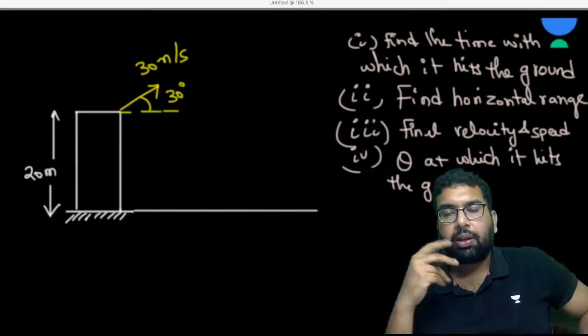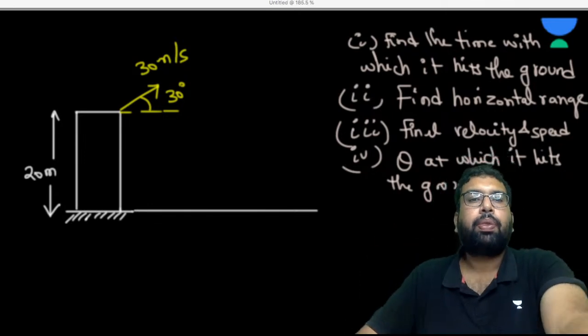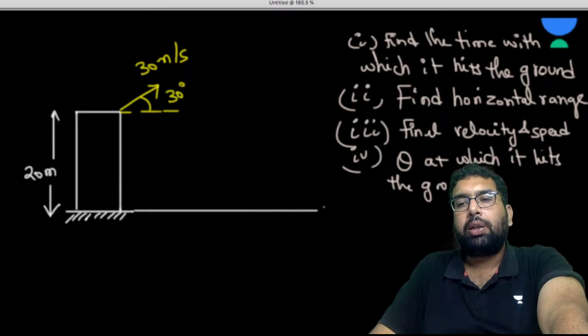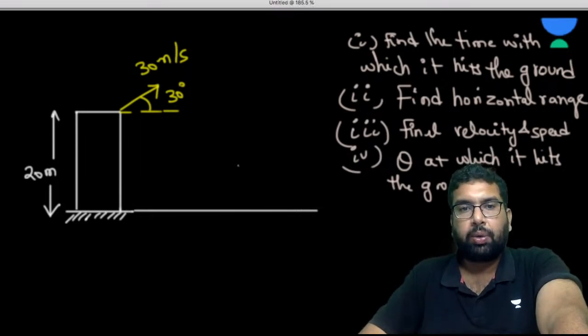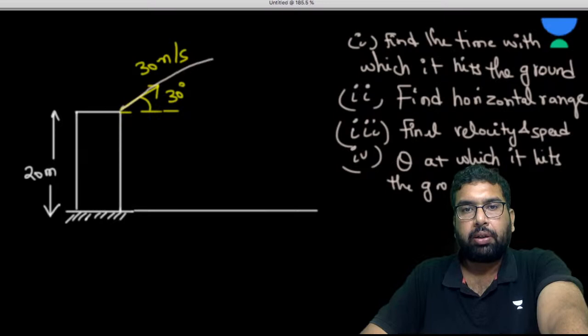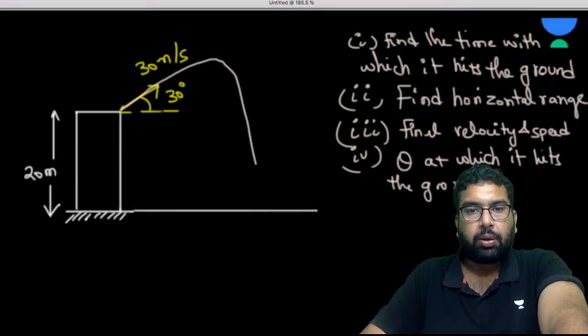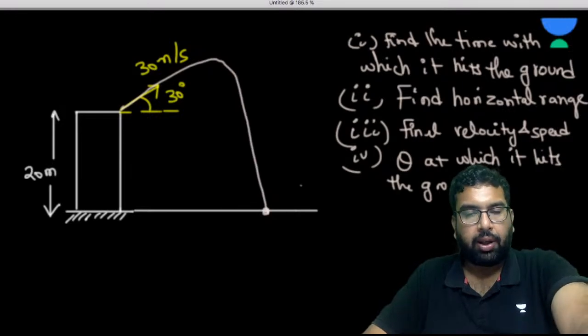No, again, wrong answer. I'll do it now. Please observe. First of all, this is going to be like this. It will move in this direction and strike the ground somewhat like this.